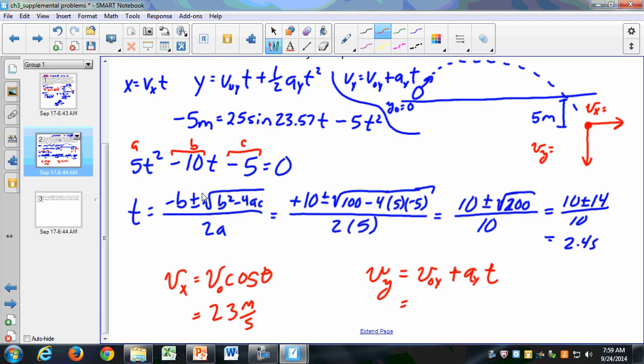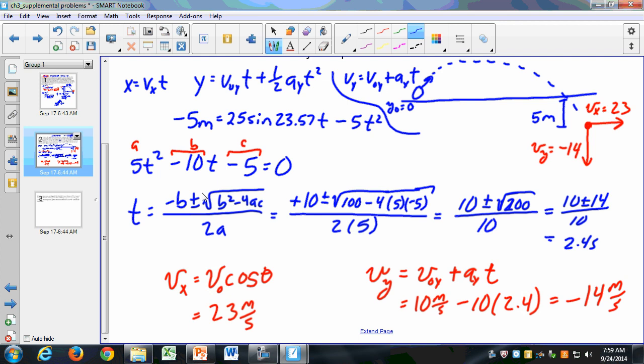That's the initial y. Yeah, so this v naught y is 10 meters per second. Minus 10 times 2.4. So my vy is what? Negative 14. Right, negative 14 meters per second. So I have Vx is 23 and Vy is negative 14.